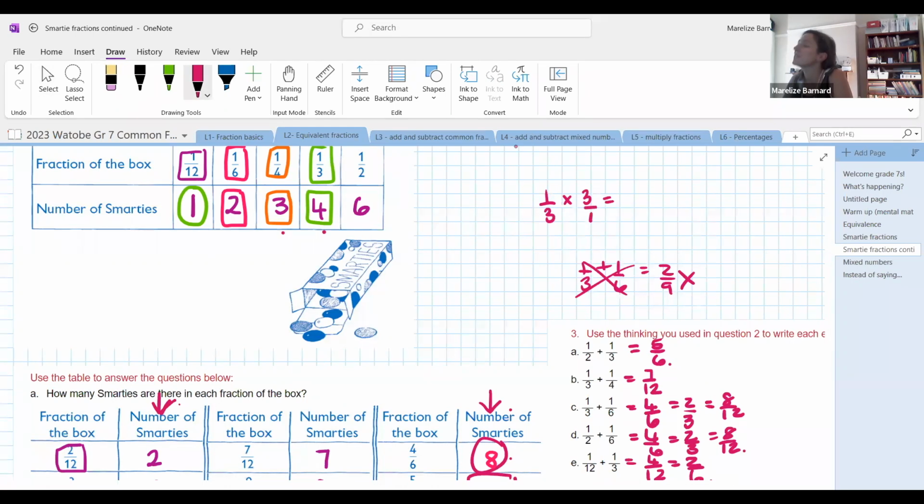Yeah, but this is timesing. This is not adding. What we did today is adding. Okay, ma'am, then put an add at the times. Because if you are doing that, that is different again. That's 3 1/3. We're adding a third to 3, and that's 3 1/3.